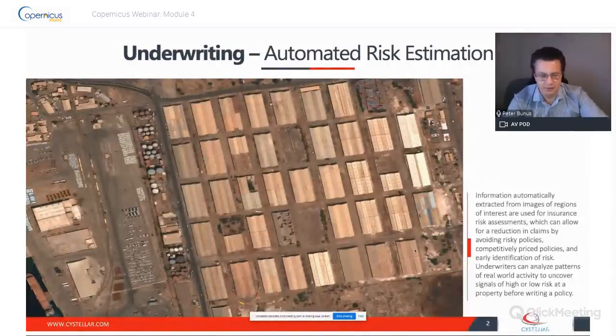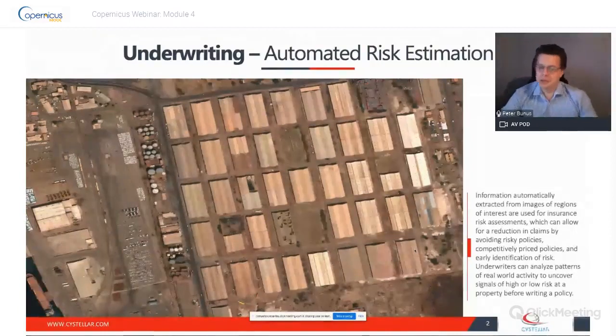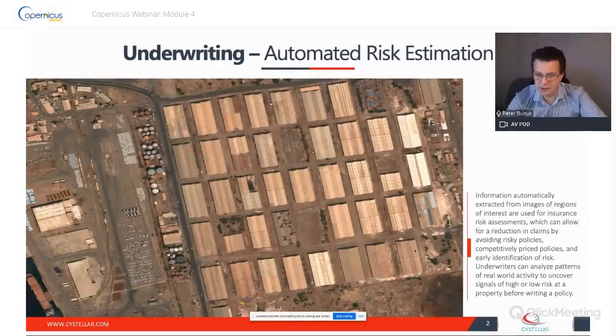As you have seen from the module, the very first thing that an insurer needs to do in order to issue an insurance policy is to assess the risk of that particular object or asset that will be insured. And for this we are using satellite imagery. The process of actually assessing the risk is called underwriting in insurance.